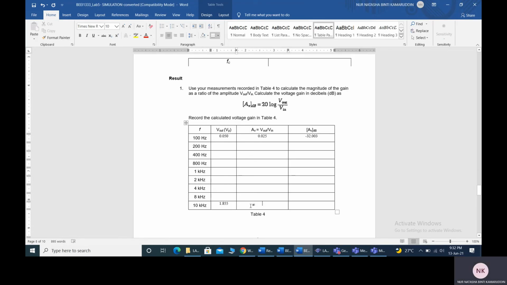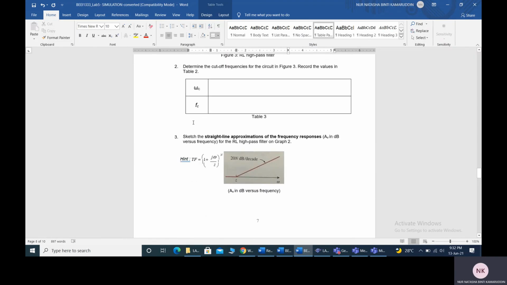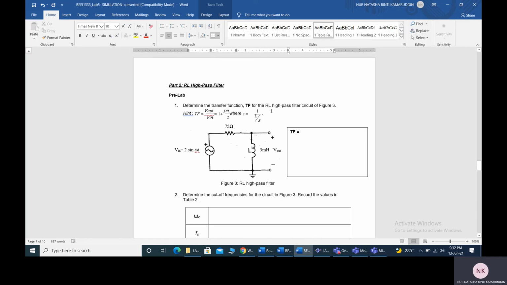The Av equals 0.928, and the Av in dB equals negative 0.654. So that's all from me for the RL high pass filter circuit in Lab 5. Thank you.